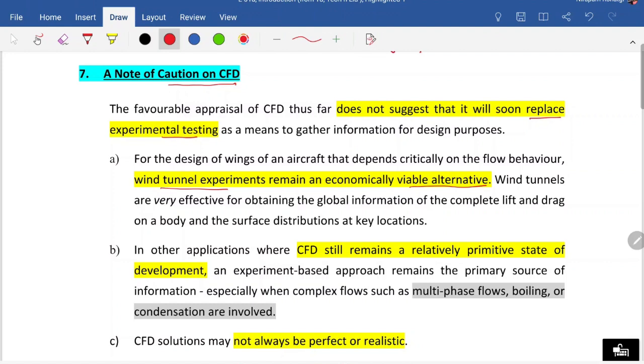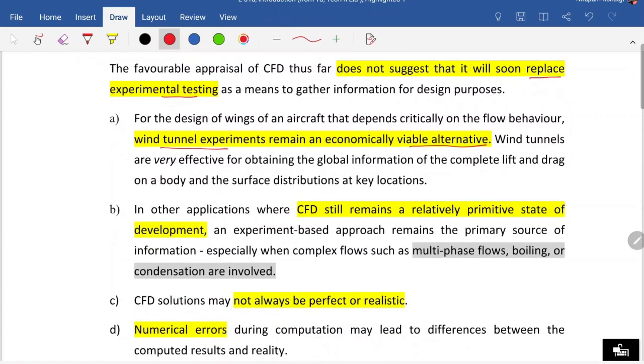So that becomes cheaper and more reliable, because in CFD you might actually have some problem since you are not following proper mathematics or proper science. But in experiments, all these things are irrelevant. So wind tunnel experiments are there. CFD still remains relatively primitive.